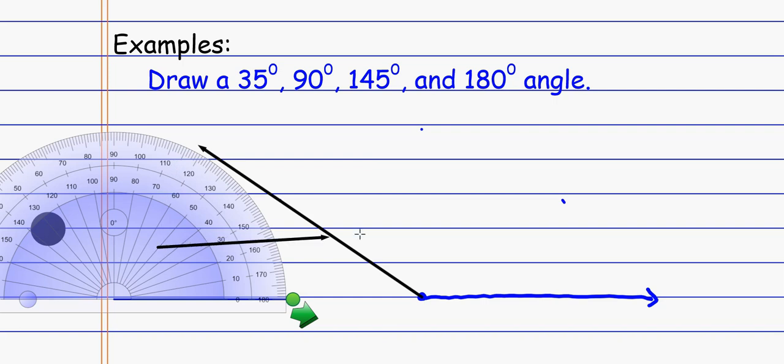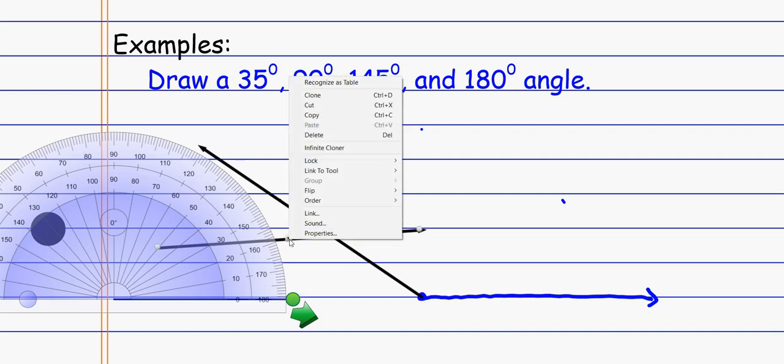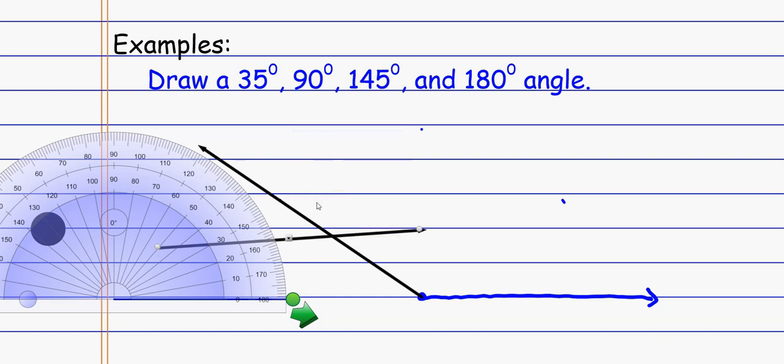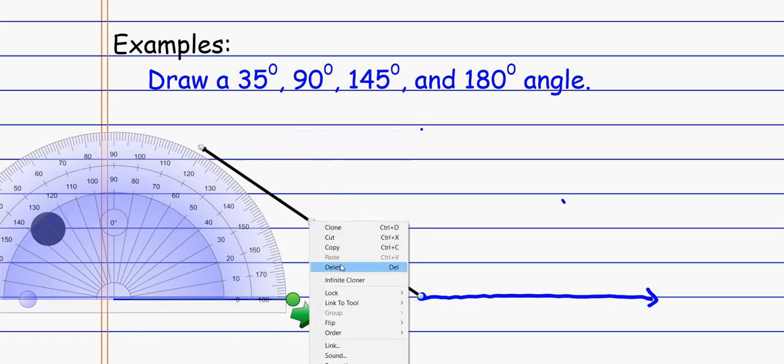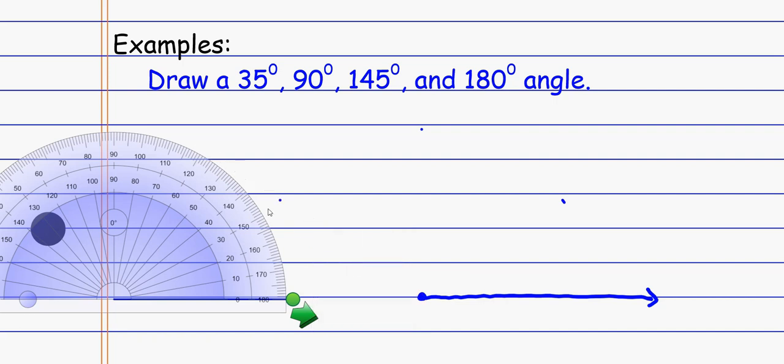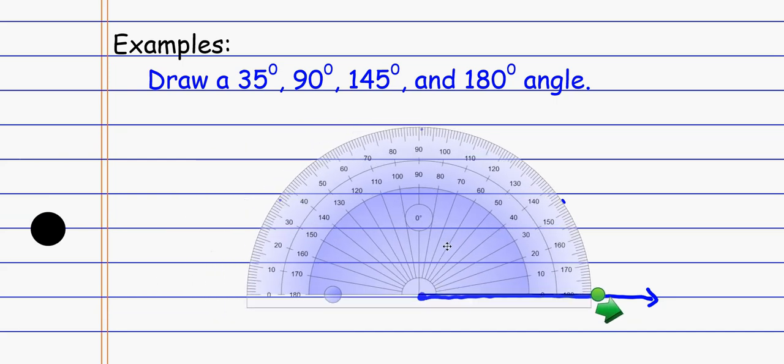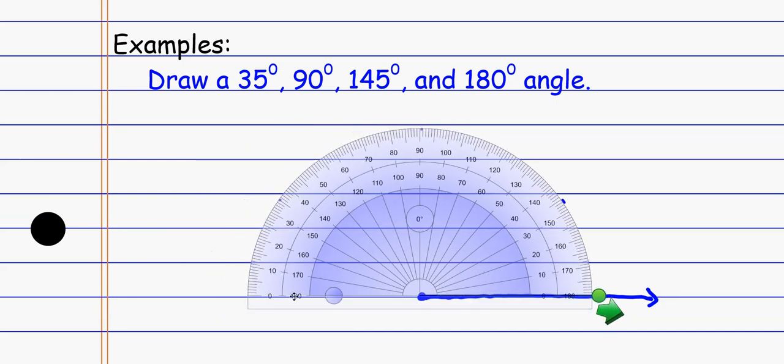And then the last one, the 180 degrees, I really don't need my protractor for this one, do I? I could bring my protractor back over, but it's really unnecessary. If I know that 180 degrees is a straight angle, meaning that it's a line, I could literally just draw a line. If I did bring my protractor back over, hopefully you can see where that 180 is.